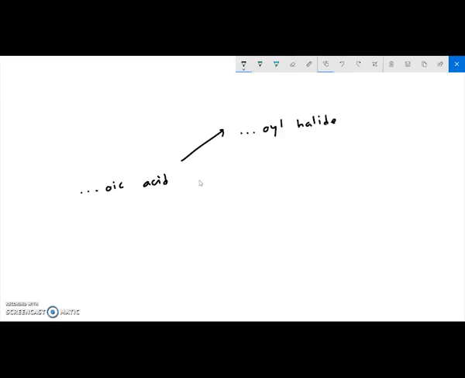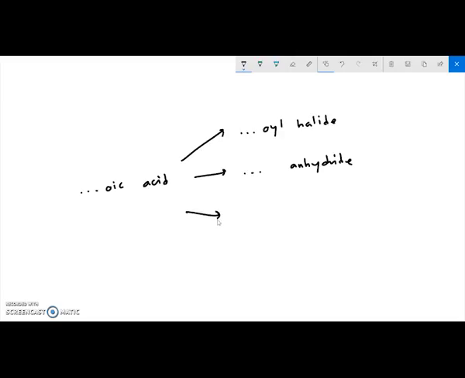If this is for acid anhydride, the oic will remain while the acid will be replaced with anhydride. Please make sure you identify whether it is a symmetrical or unsymmetrical anhydride. If it is symmetrical, you only need to mention it once, but if it is unsymmetrical, you need to mention both sides of the anhydride compound.